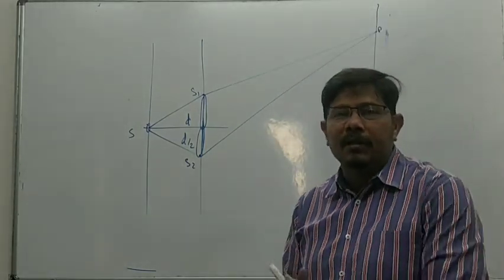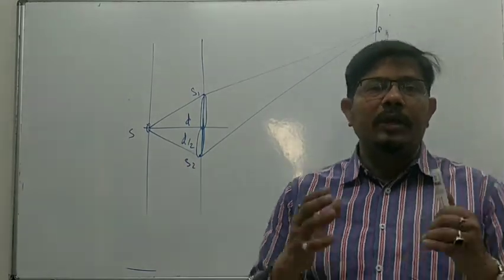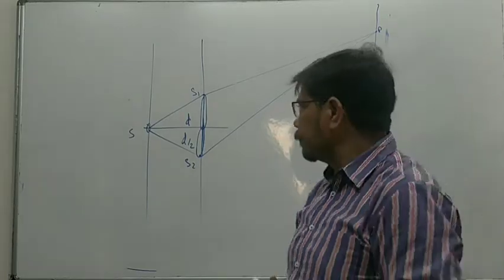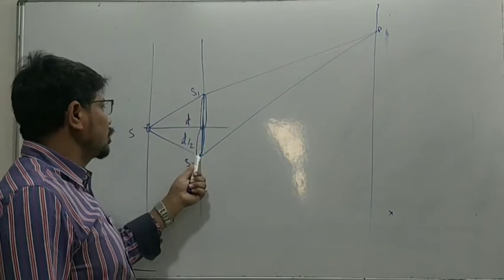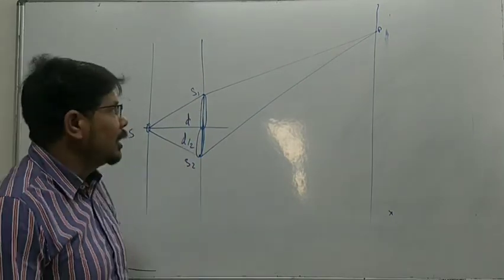To get an interference pattern, we need a constant frequency.